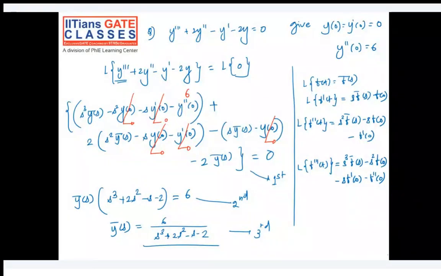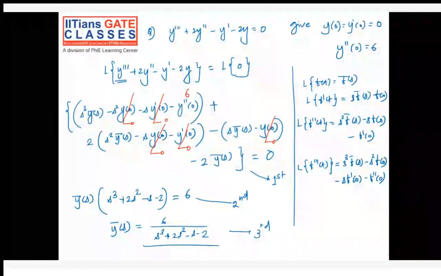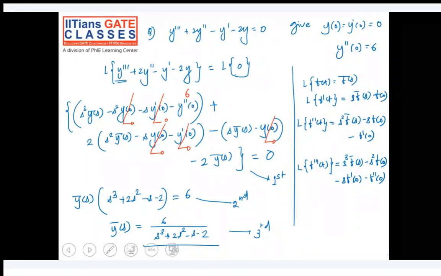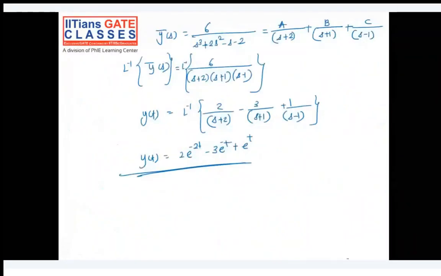Whatever the terms are there with the minus sign, take them to the right hand side, and then make an equation in terms of y bar of s. So you'll get a proper equation and then you can solve it. Okay, and then take inverse Laplace as the last step to get the answer.